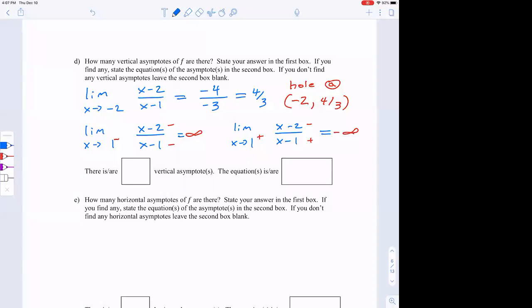So when we go to draw our function, we're going to remember that there's a hole at that point, and from the left and right of 1, we have an asymptote. On one side it goes to infinity, the other side it goes to negative infinity. Okay, so in summary, there is one vertical asymptote, and its equation is x equal to 1.